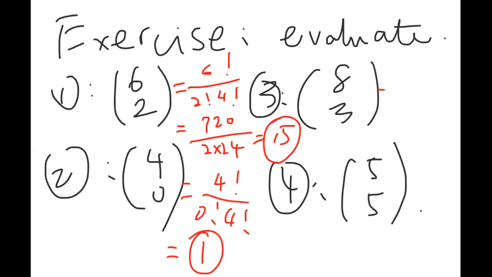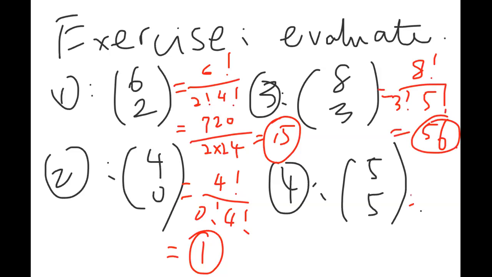Next, 8 choose 3 is 8 factorial divided by 3 factorial times 5 factorial, and you should get 56. And lastly, 5 choose 5 is 5 factorial divided by 0 factorial times 5 factorial. Again, 0 factorial is 1, so you should get 1 as your final answer.